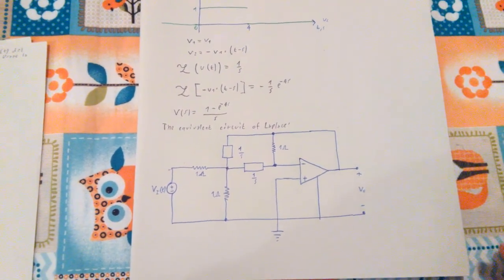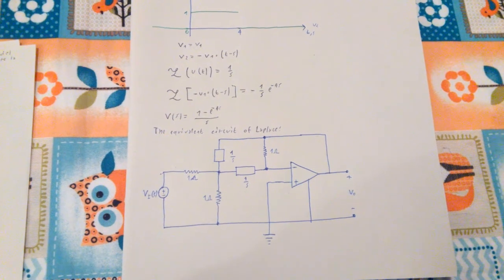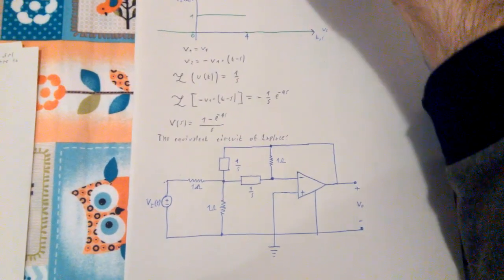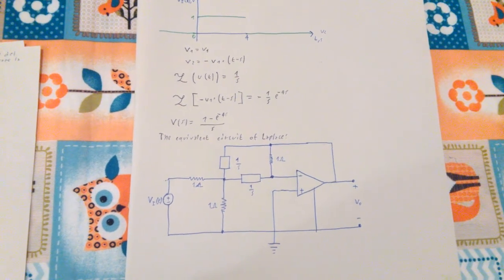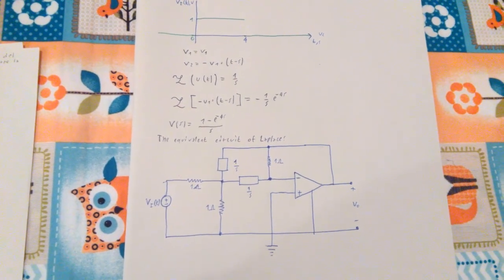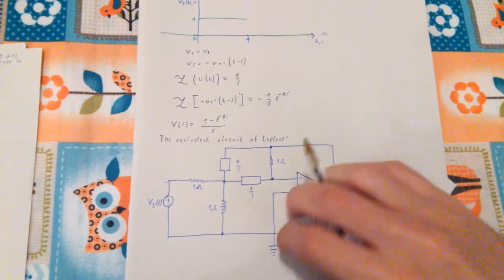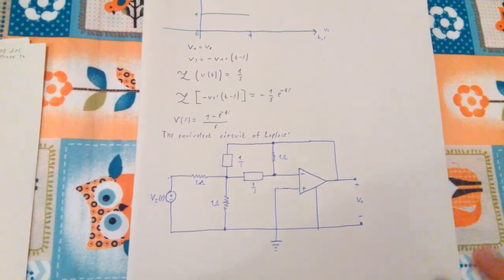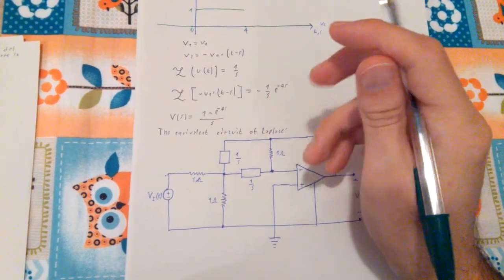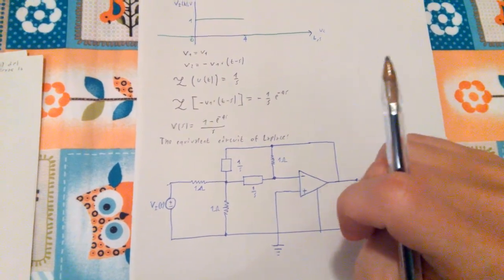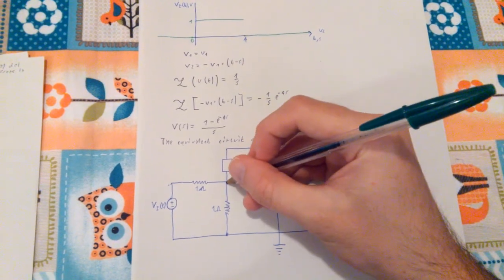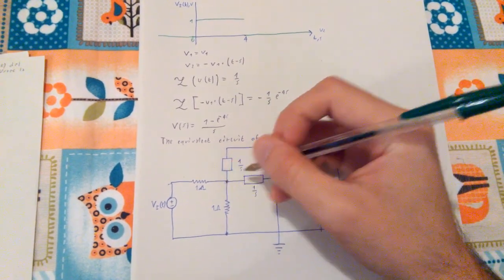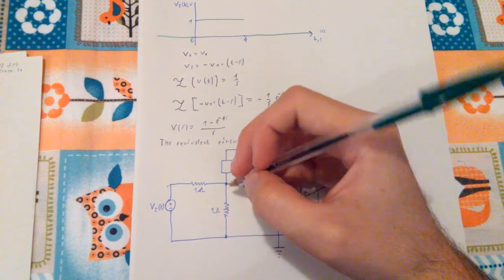Okay, so basically what we're gonna do here now is apply the Kirchhoff law to each and every node. So we're gonna apply the Kirchhoff current law to those two nodes, which we're going to call node 1 and node 2.